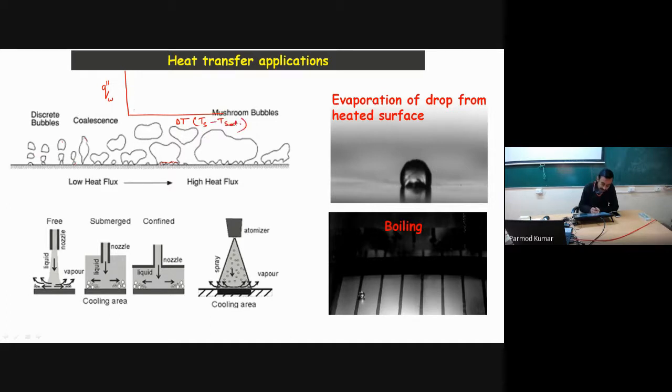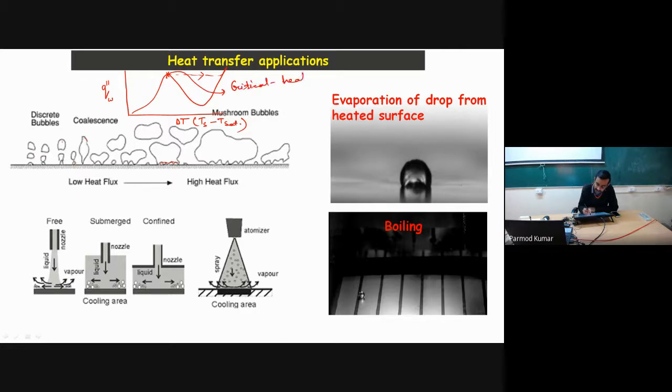This curve has characteristics like this for constant temperature applications and like this for constant heat flux applications. In this curve we have one important point, called the critical heat flux.